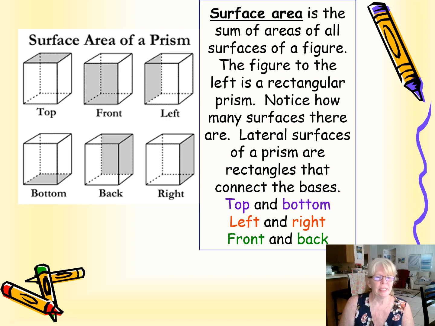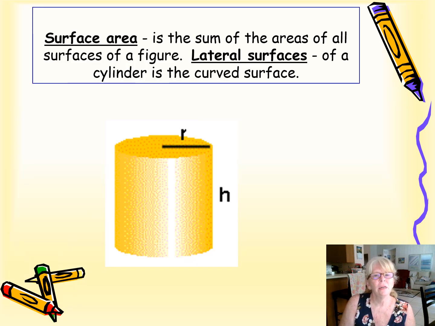This just explains it. If I took that box and I moved it and I turned it around for you to see different views of it, it's all the same. Every piece of it, just like a dice, except the dice numbers distinguish their side. Surface area of a cylinder is going to be the area of the circle, which is pi r squared.